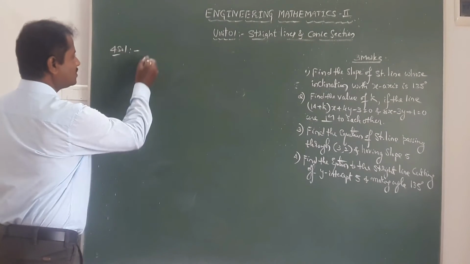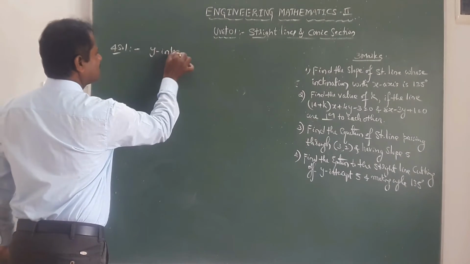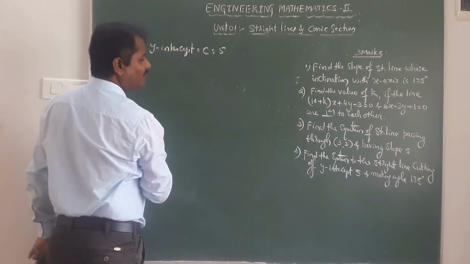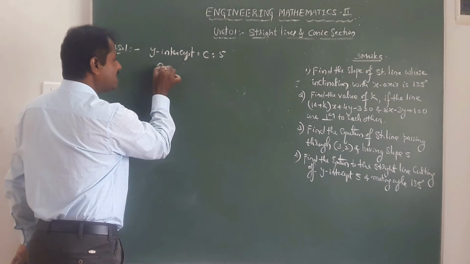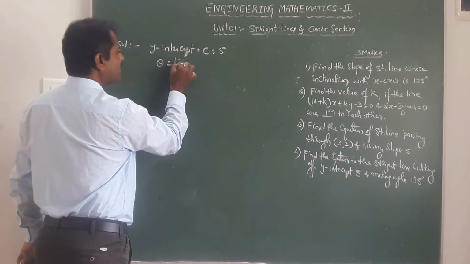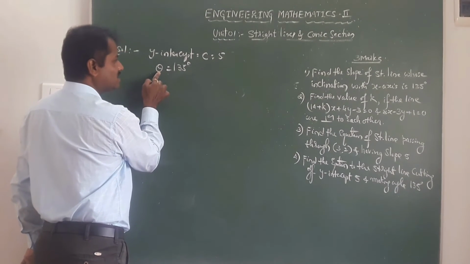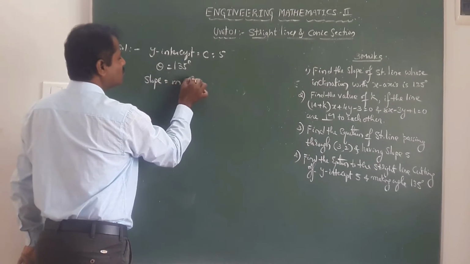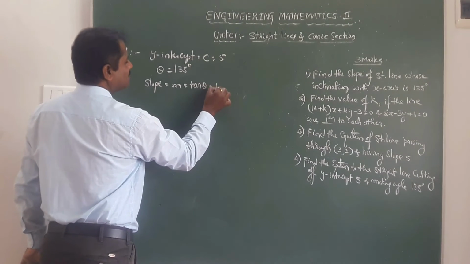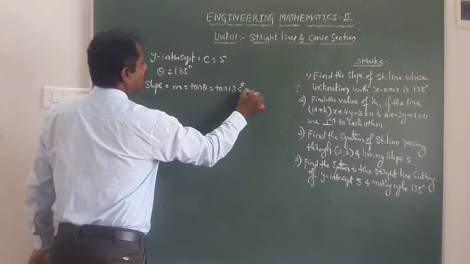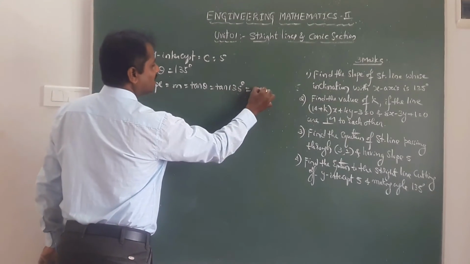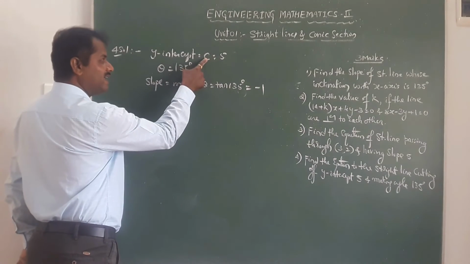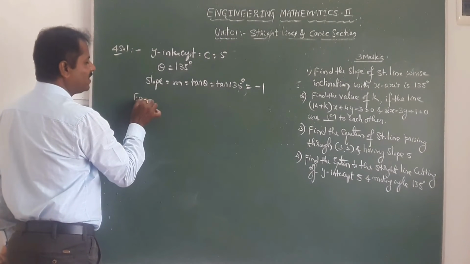So what is given is the y-intercept. The y-intercept c is equal to 5, and the angle of inclination theta is given, which is 135 degrees. Since the angle of inclination is given, we can easily find the slope. The slope m is equal to tan theta, which is equal to tan 135 degrees. As we already know, tan 135 degrees is minus 1.